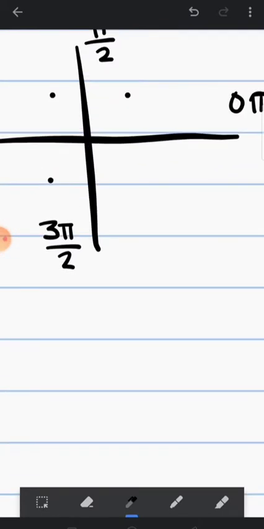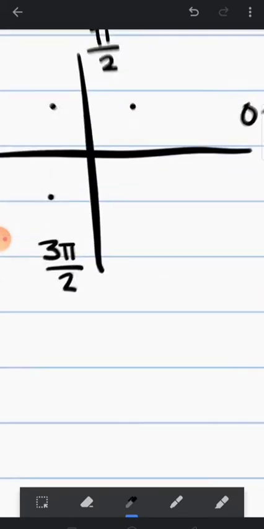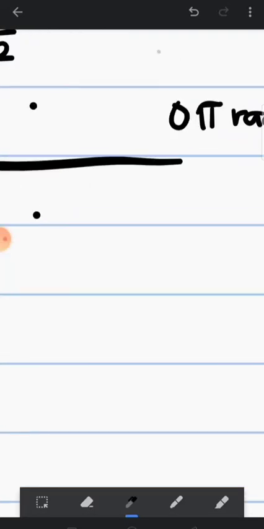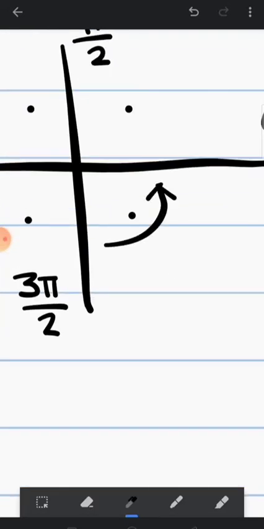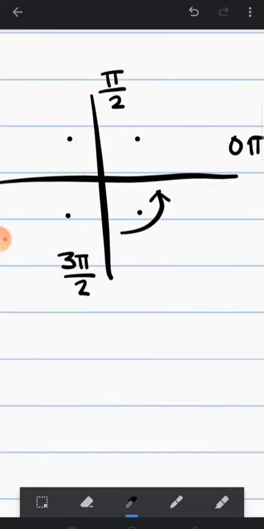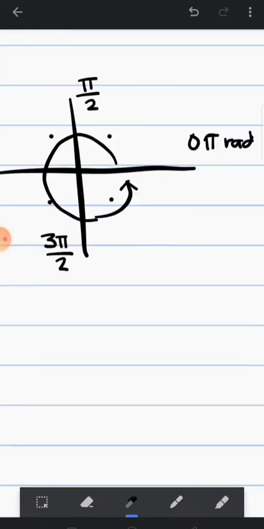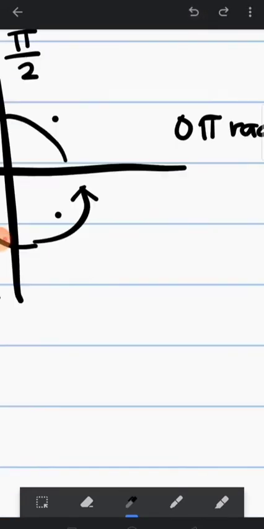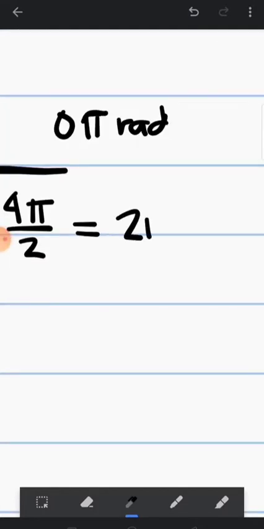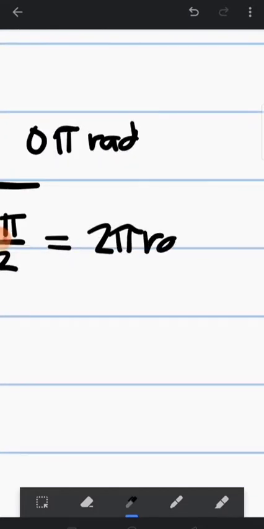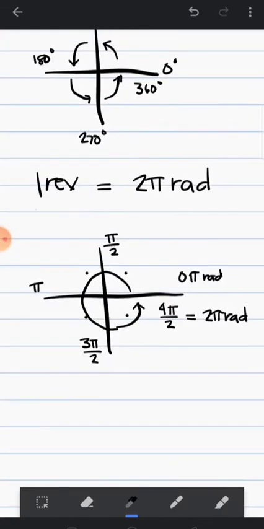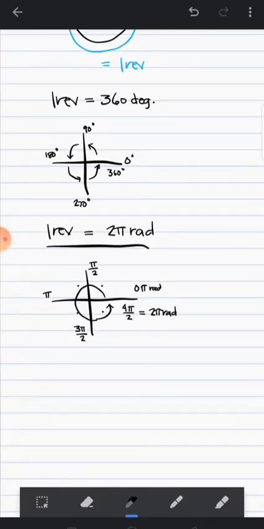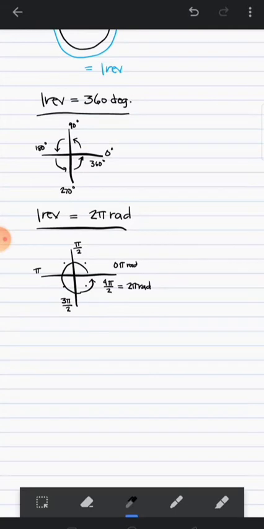And then lastly, if you count 4, this angle here, from this reference 0 pi radians, would measure 4 pi over 2, 4 times this pi over 2, or simply 2 pi radians. So that is why 1 revolution is equal to 2 pi radians, and in degrees, it's 360.